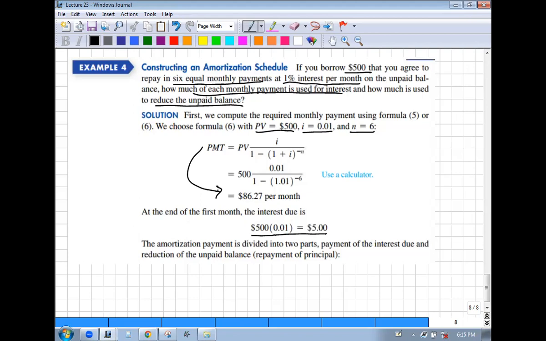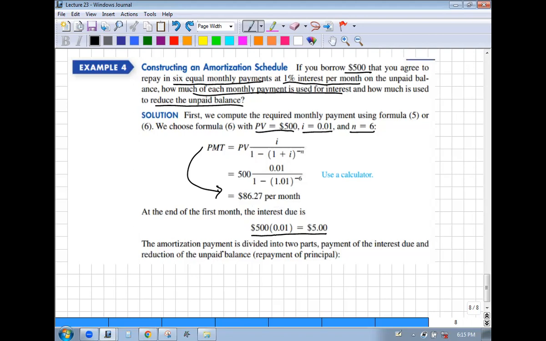So clearly, even though at the end of the month we made our payment, they don't include that whenever they charge you interest, right? They charge you interest before you make that payment. All right, so we're paying $86.27. The day we pay that, they don't charge us interest on 500 minus that. They charge us interest on the full 500, because that's how much we had out the whole month, was that 500. All right, so there's $5 in interest.